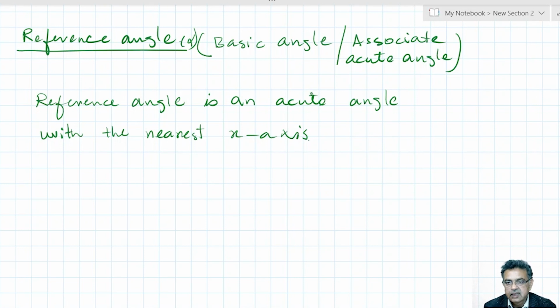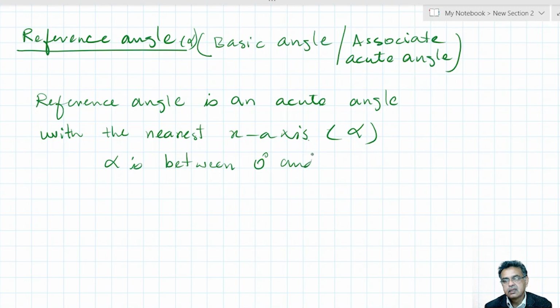Okay, and it is denoted by alpha. So alpha is always between 0 and 90 degrees. It does not depend on the quadrant in which it is, but it will always be acute.